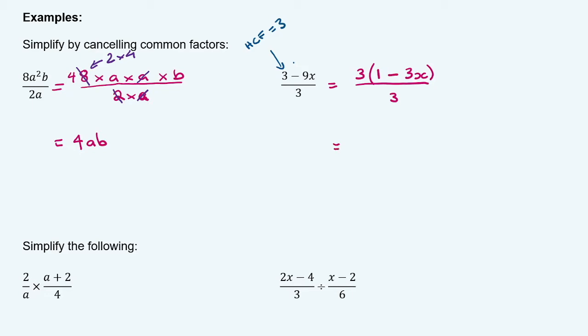Put my little equal sign underneath. You can see we do have 2 factors: we have this factor and we have this factor. So that bracket is a factor on its own. We can reduce this now by crossing these out and we end up with just 1 minus 3x. That's all we've got left. Okay, and that's how we're doing that.